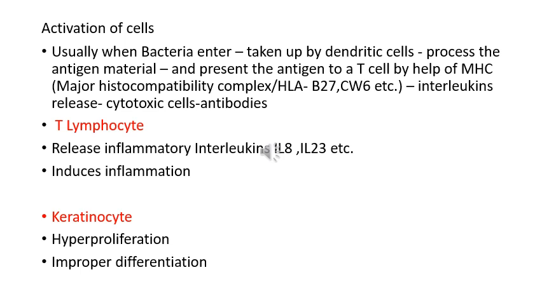And at the same time, the keratinocytes or the skin cells present in the area, as a result of these pathological changes, undergo hyperproliferation, because hyperproliferation means increasing in number. Hyper means it starts increasing in too many numbers. The skin cells start increasing in too many numbers, and differentiation is improper. Also, the process of getting mature is slowed down.